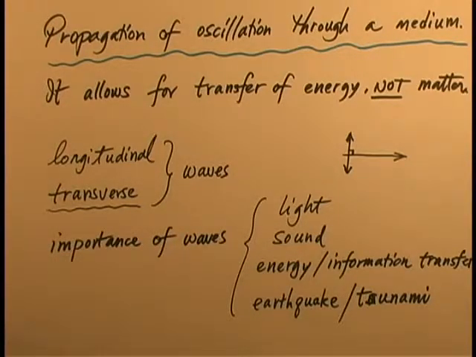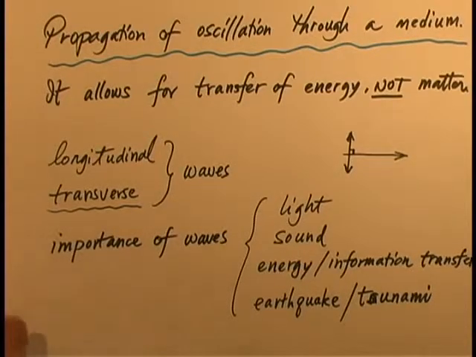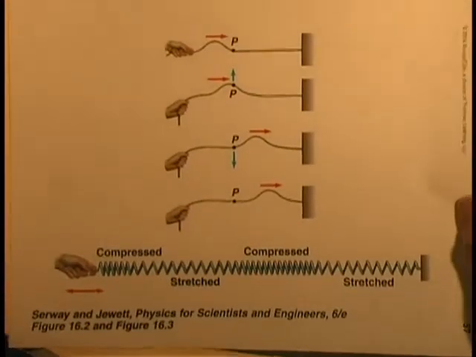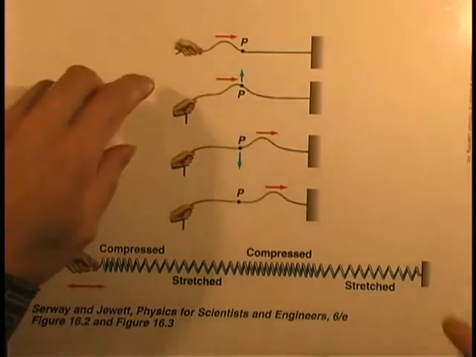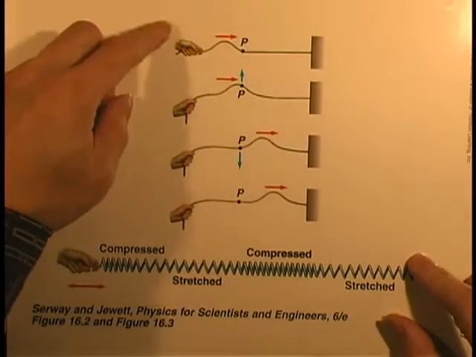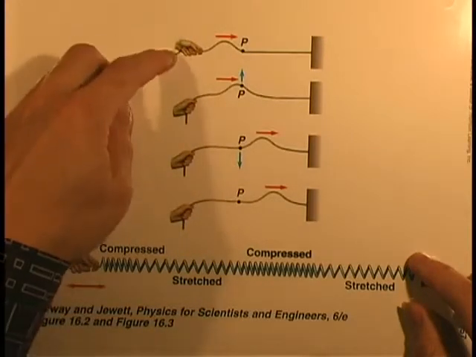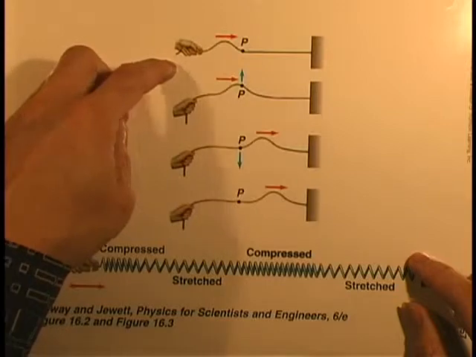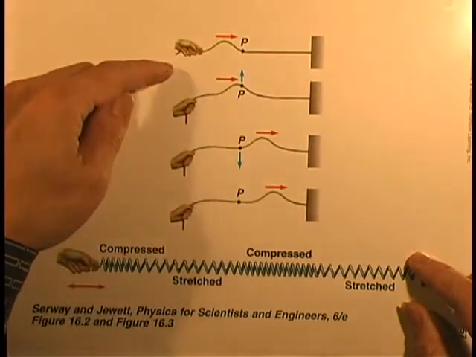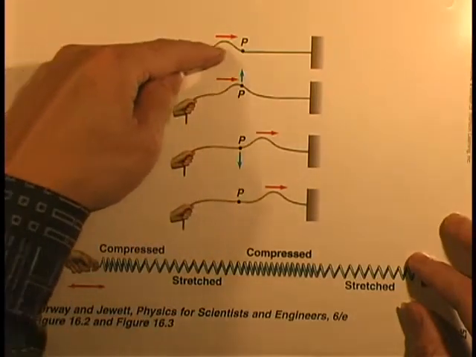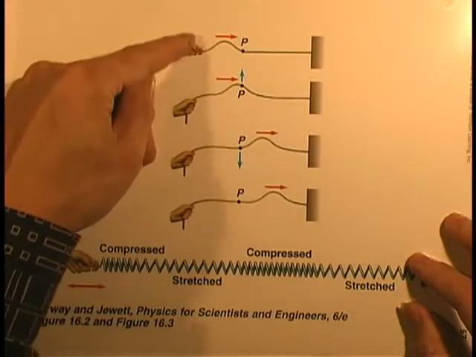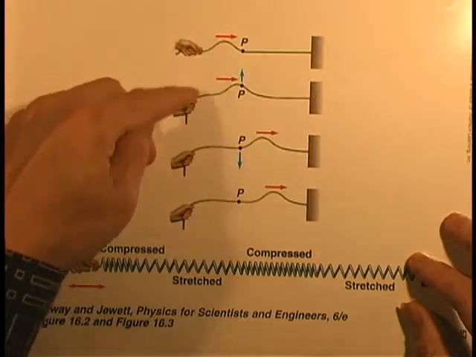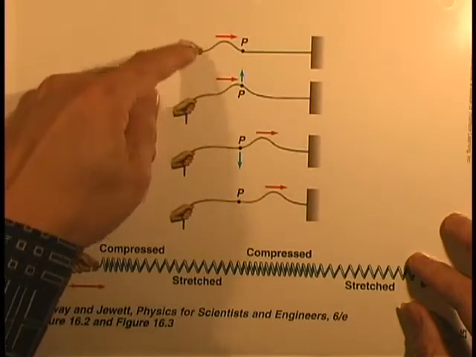Suppose I have a rope. One end of the rope is attached to a wall, and the other end is free. And if I wiggle one end of the rope like this, my hand moves up and down, and yet the rope is horizontal. When you do so, the wave will propagate along the rope, so the propagation direction is horizontal, yet my hand moves vertically, so there is an oscillation going up and down in a vertical direction.